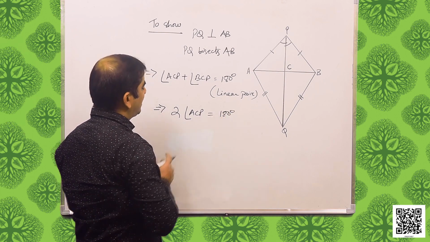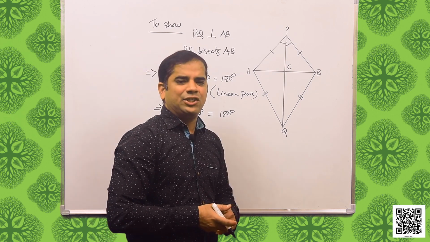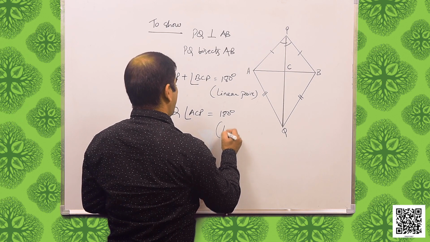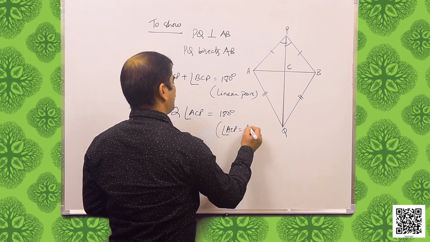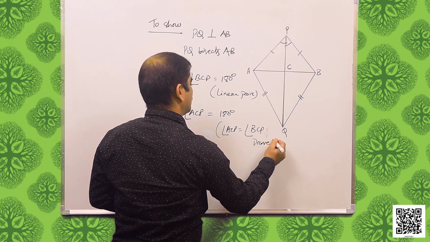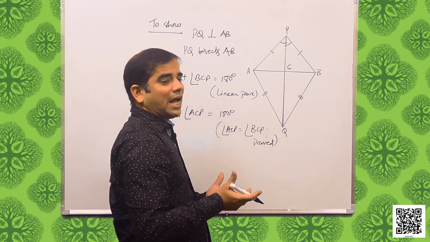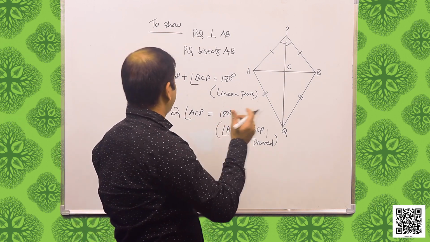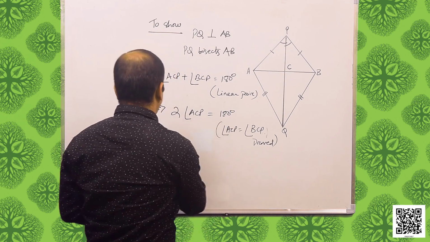Why have I written 2 angle ACP is equal to 180 degrees? Because we have already proved that angle ACP is equal to angle BCP. As both angles have the same value, I can write 2 ACP, that is ACP plus ACP, is equal to 180 degrees.